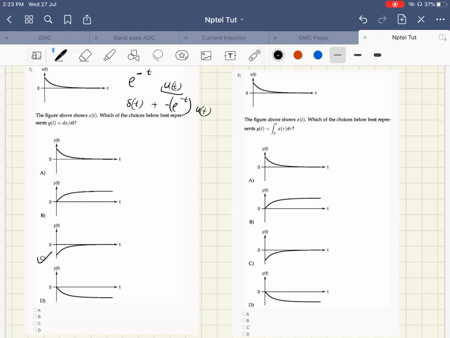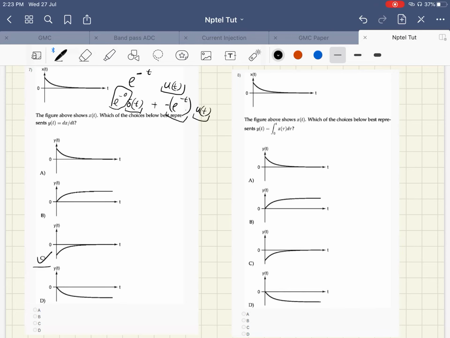First of all, the differentiation of u of t is delta of t, and when multiplied by e to the power minus 0, this term is unity, so it will just remain as it is. In the second term, the second function is as it is, and the derivative of the first function, e to the power minus t, comes out to be minus e to the power minus t. So from here also we can see that C is the correct option.